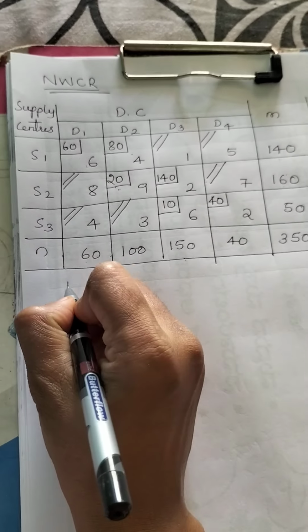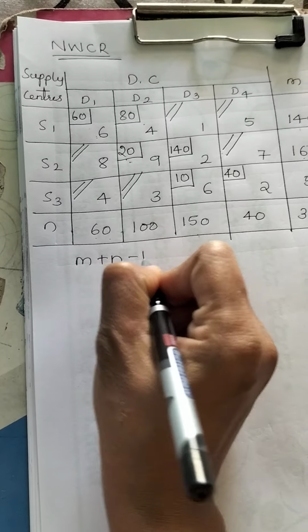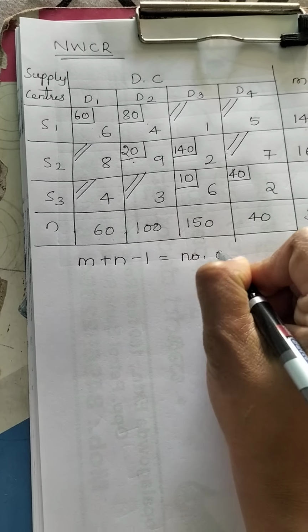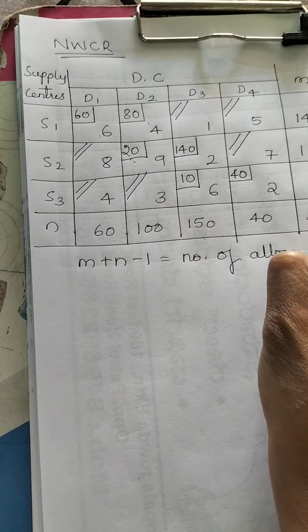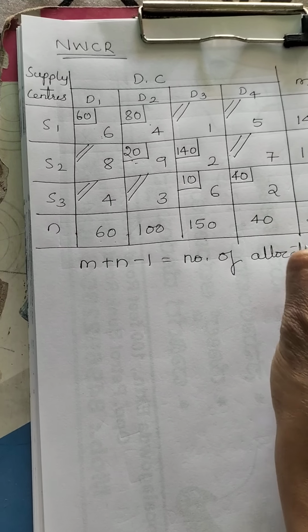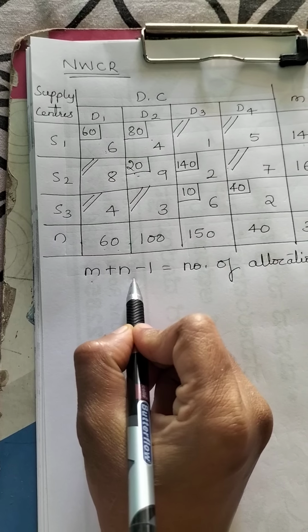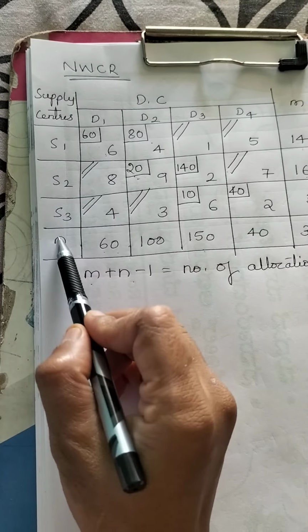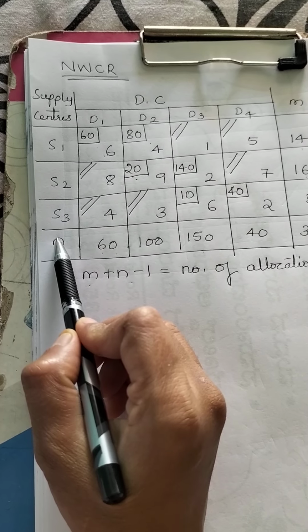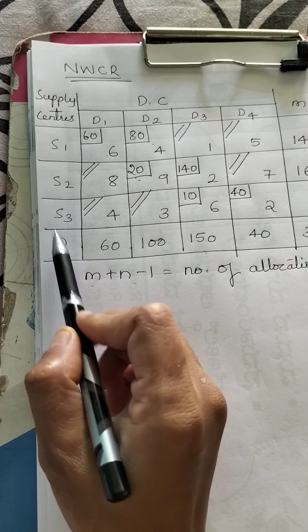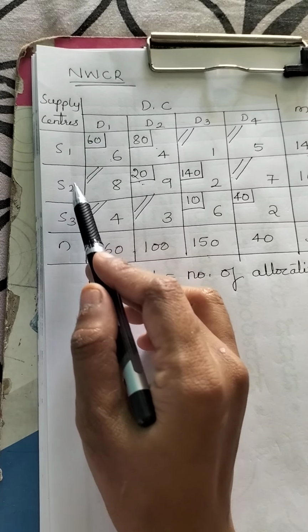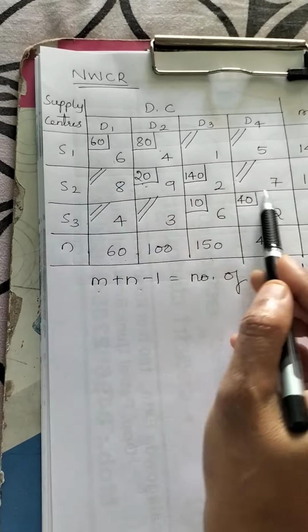So we must check that m plus n minus 1 is equal to the number of allocations. Here m stands for rows and n stands for columns. For rows, you are not supposed to consider the supply centers' availability, just the centers S1, S2, S3.